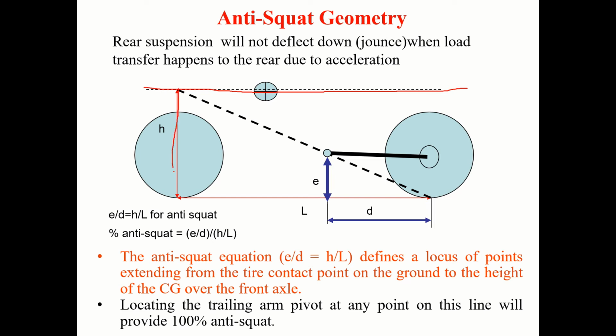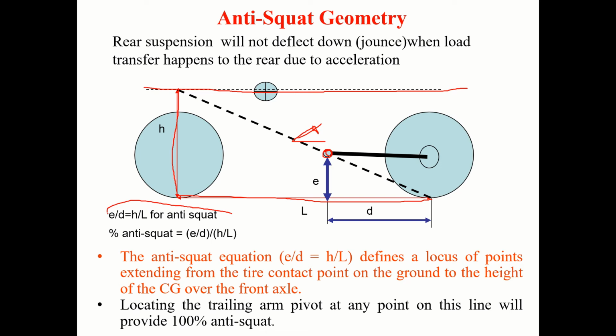Let me mark that as H, and this is the wheelbase length L. Let me join these 2 points by an imaginary line. On that line, you select a point. By the similar triangle principle, E by D is equal to H by L.